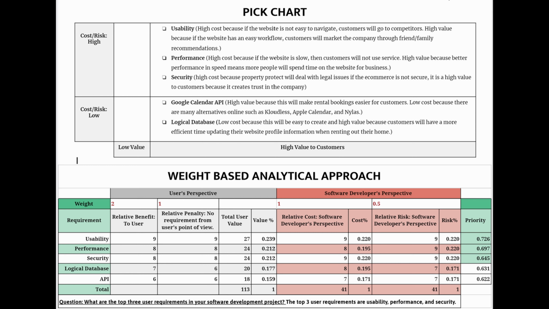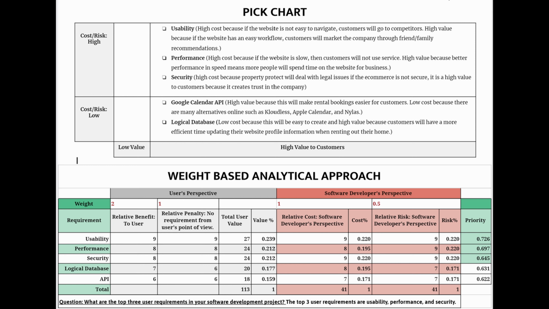It's a high cost because if the website is not easy to navigate, customers are going to go to competitors. And then it's a high value because if the website has an easy workflow, people recommend it to their friends or family. You know, the service speaks for itself.